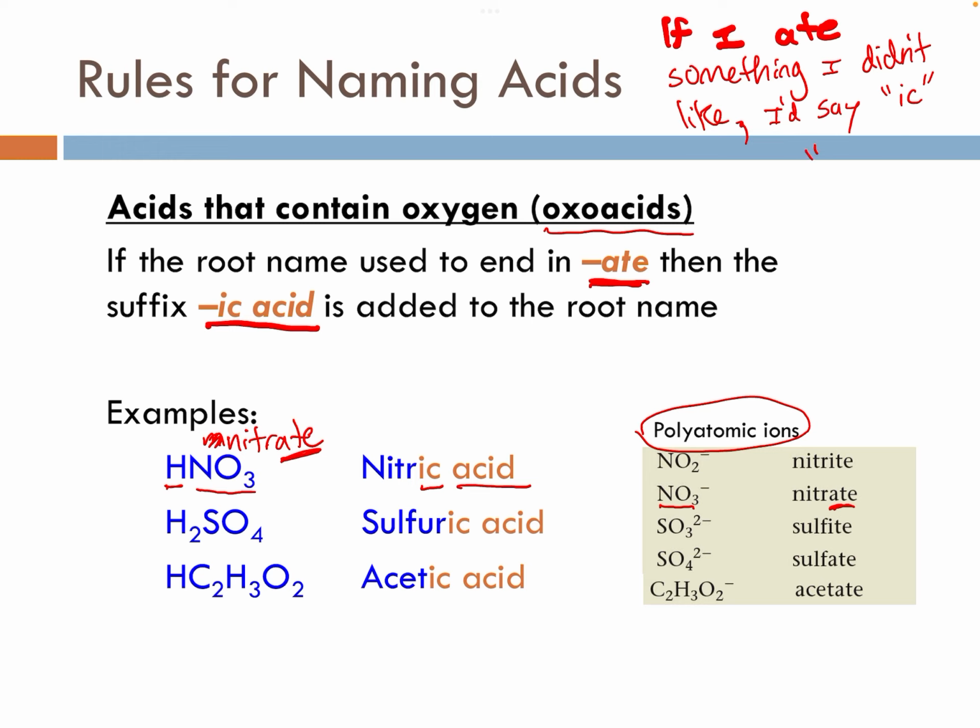Maybe I'd even say ick, it's an acid. You know, like this is really terrible. Ick acid. So that's how I remember that things that you ate, we might say ick to.